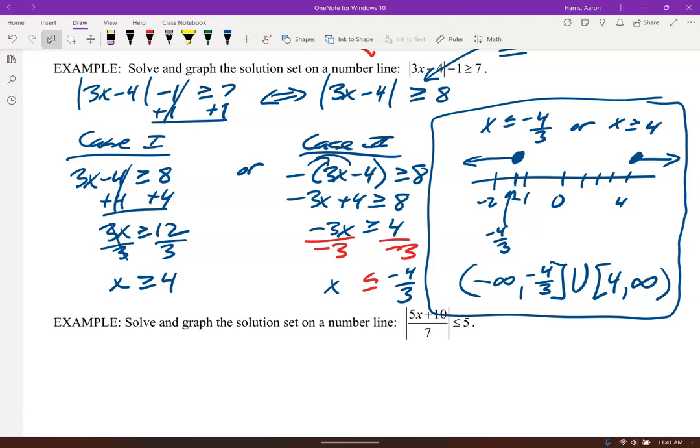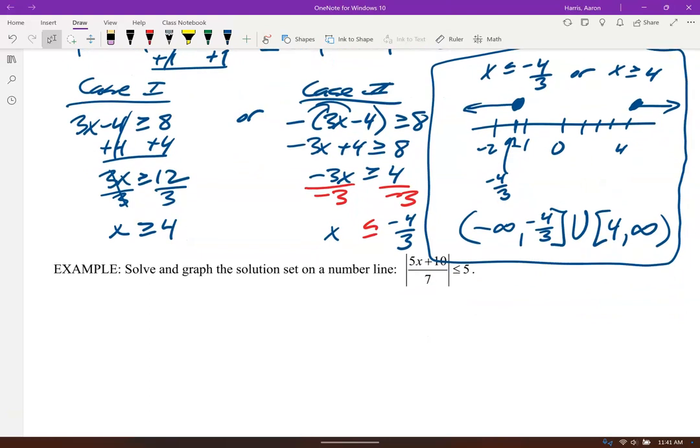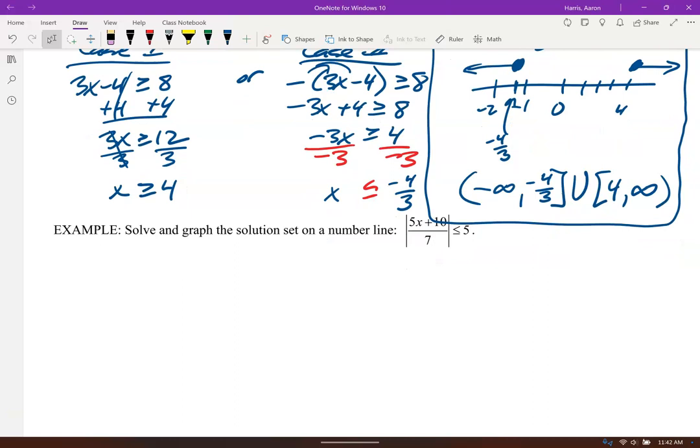All right, this one we've got the absolute value of 5x plus 10 all over 7. It is isolated, so we can go ahead and run our two cases.